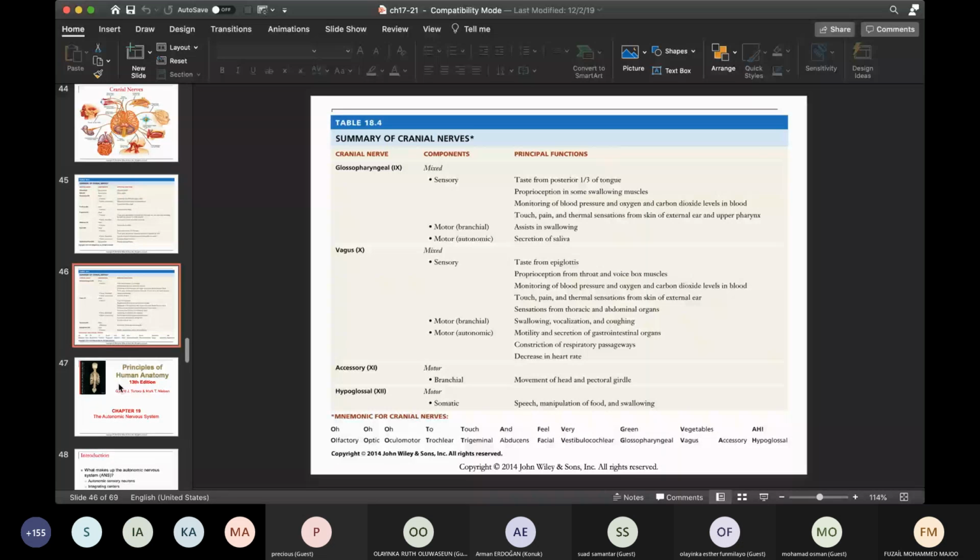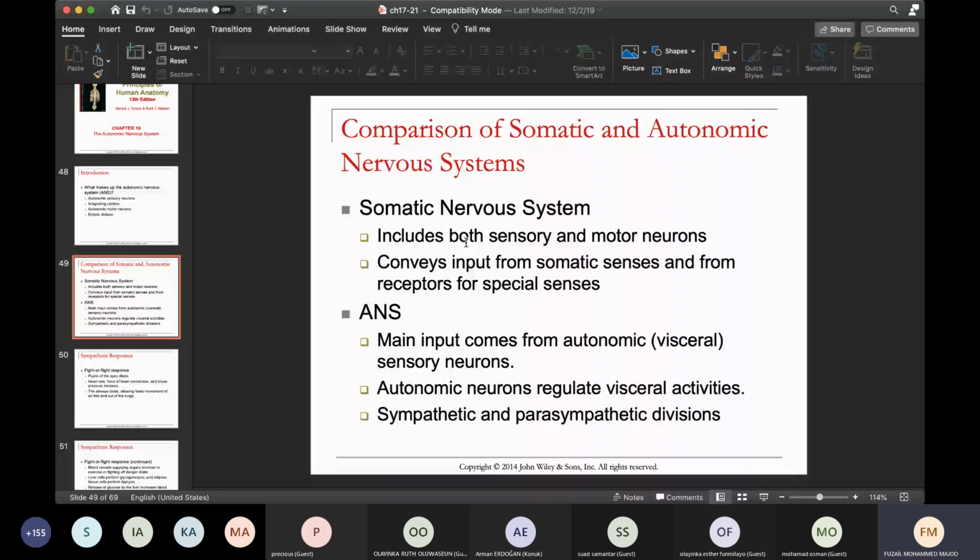The somatic nervous system includes both sensory as well as motor neurons. It's able to convey input from somatic senses and from the receptors for special senses, and we'll talk about this in this lecture also.